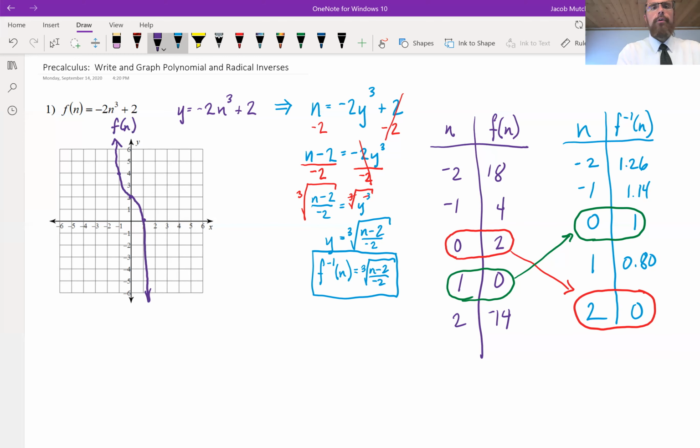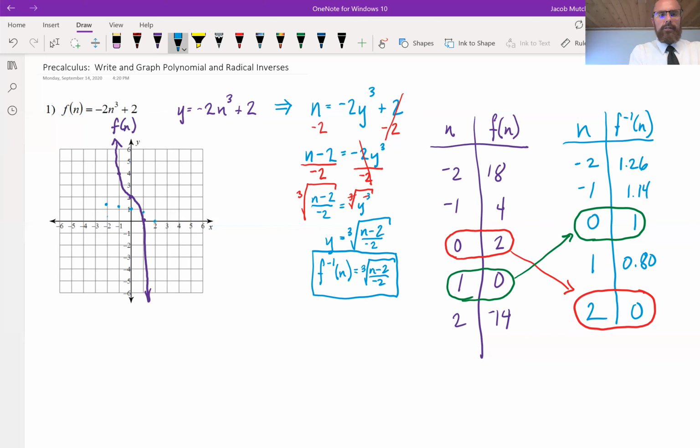Now we're ready to graph the inverse of f of n. So those are a lot of decimal values: -2, 1, and roughly 1/4. -1 is 1.14, so it's a flat graph. 0, 1, 1.8, so just under 1, and 2, 0.